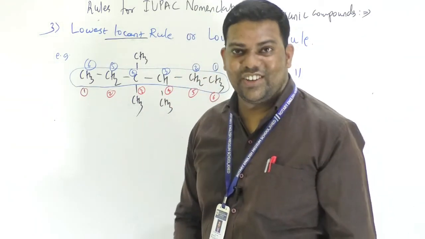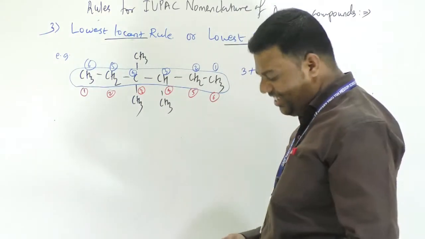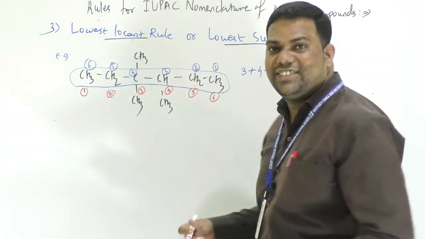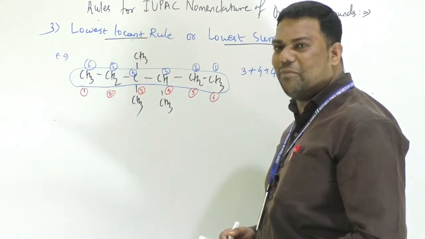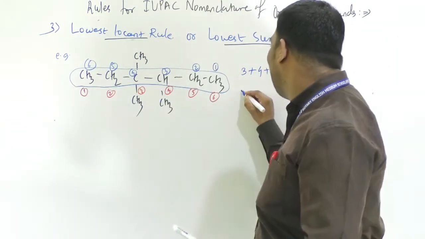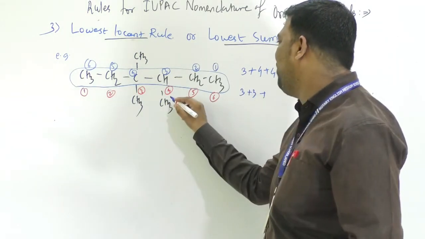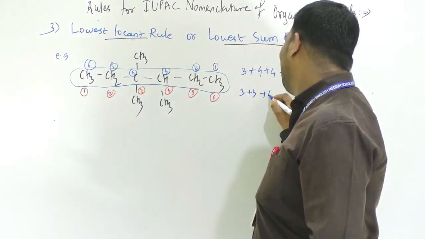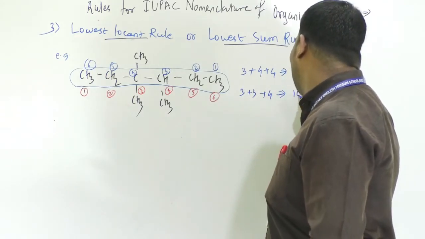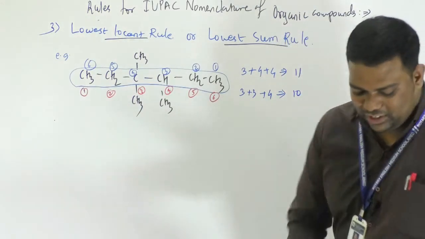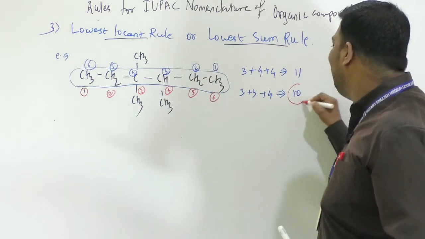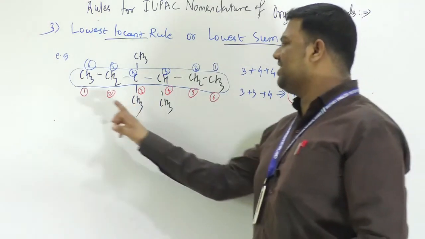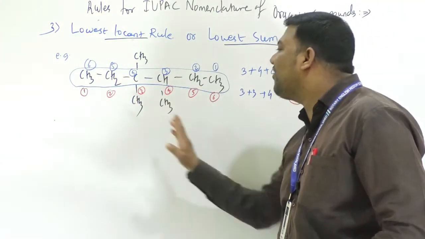The sum of substituent positions is 3 plus 3 plus 4, since the substituents are present on those carbons only. So it comes to 10. Among these two, which one is lowest? 10 is lowest, so we have to prefer this numbering, from left to right.